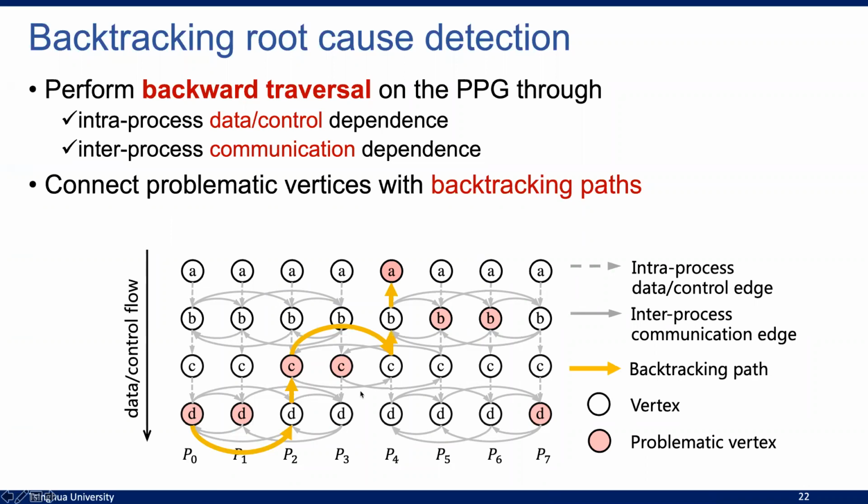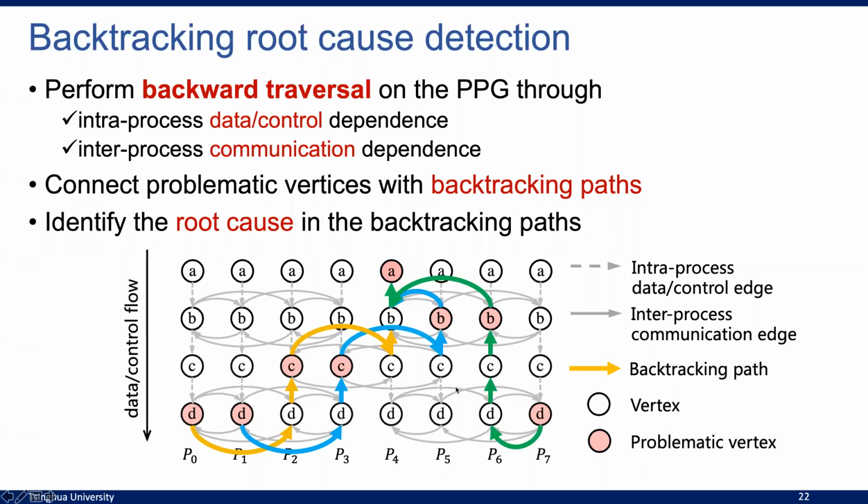Then a path is formed. We detect many paths in the PPG in this way. Then we identify the root cause in the paths. All backtracking paths point to this problematic vertex, so we mark it as the root cause. Please see more details of the backtracking algorithm in the paper.